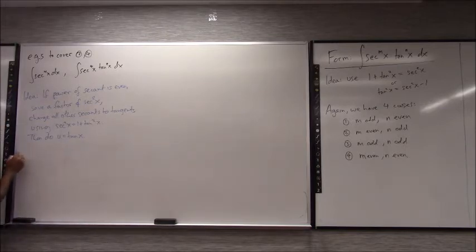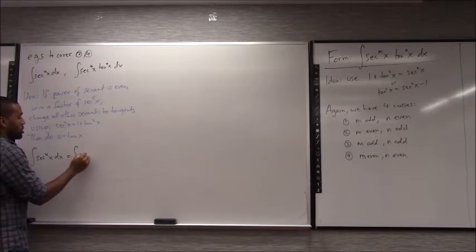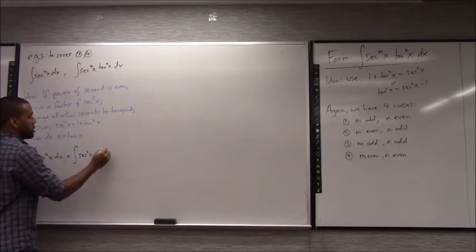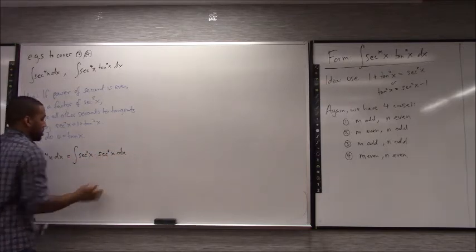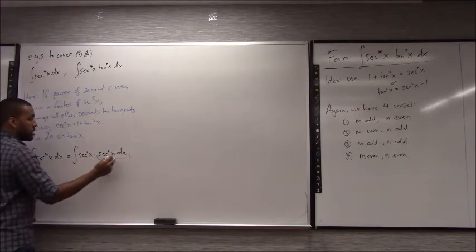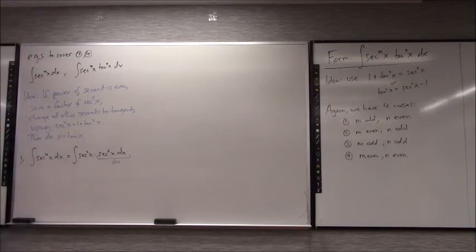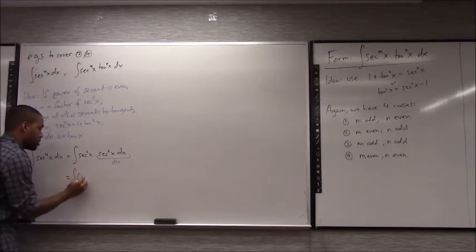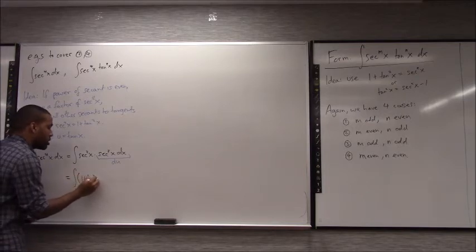So for example, the power of secant is even. The power of tangent is also even here, by the way. The power of tangent is 0. So what we do is save a factor of secant squared. That's the guy we're saving. That's going to end up being our du. We change all of the secants to tangents using that identity. There's 1 plus tangent squared.